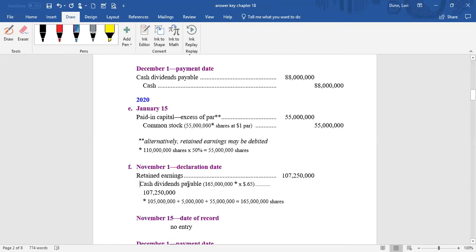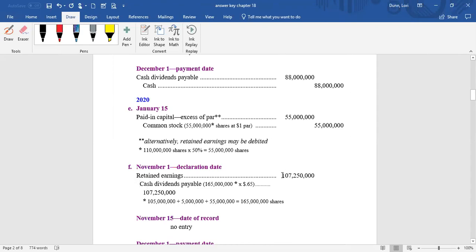So to calculate the value of this dividend, how many shares of stock are going to be receiving this cash dividend? The original 105 million plus the 5 million more shares that were sent out as a stock dividend, remember 5%, and then the additional stock dividend of 50% or 55 million. So 165 million shares will be getting that 65 cents per share.